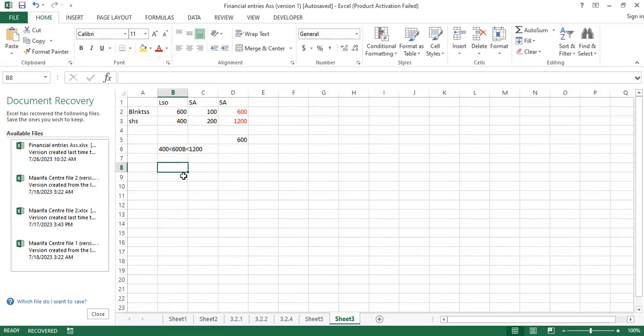All right. So in terms of the explanation now, you can basically state that the price of 600 blankets in Lesotho is 400 shoes. So the price of blankets should not go below 400 shoes, right?